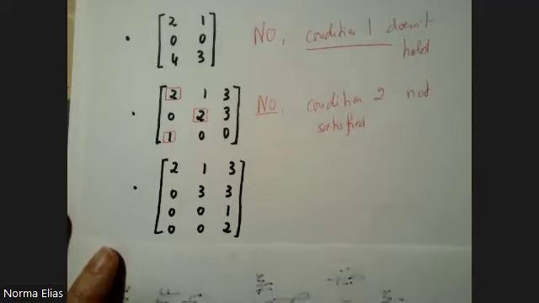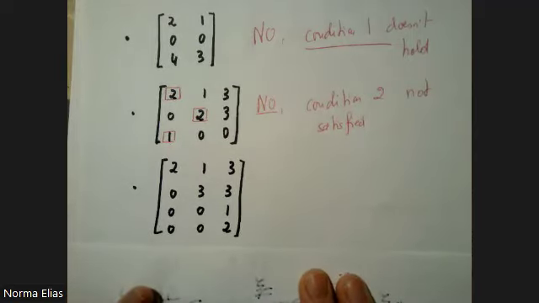Now, example number 3. Again, you can write the matrix down and look at it and tell me if it is in echelon form or not. Okay, what do you think? Is it in echelon form, yes or no? Nobody has answered.